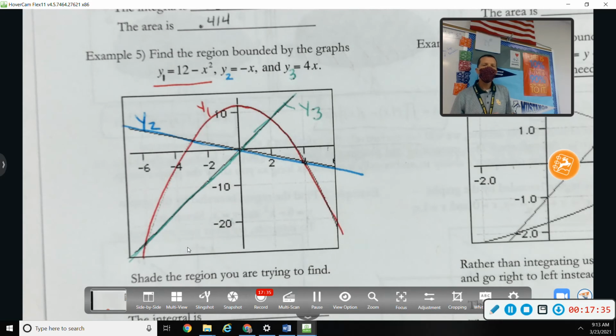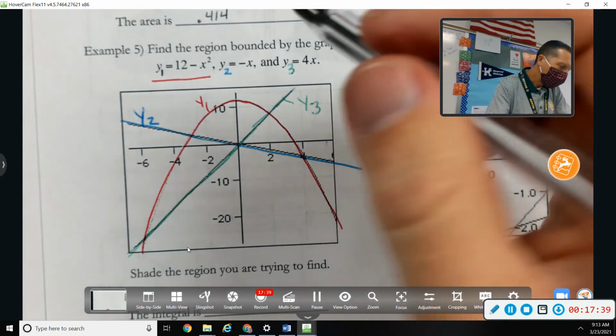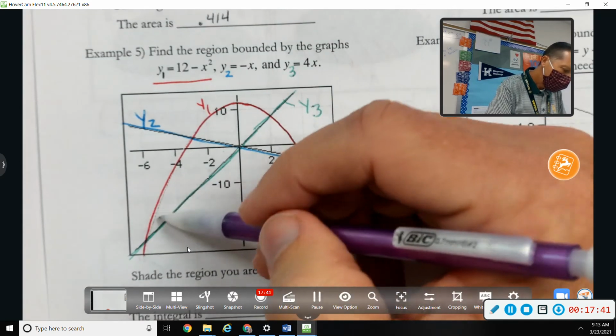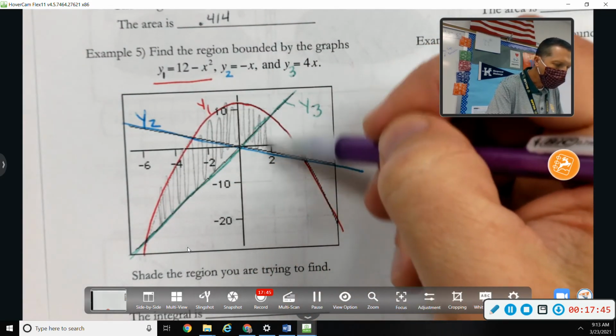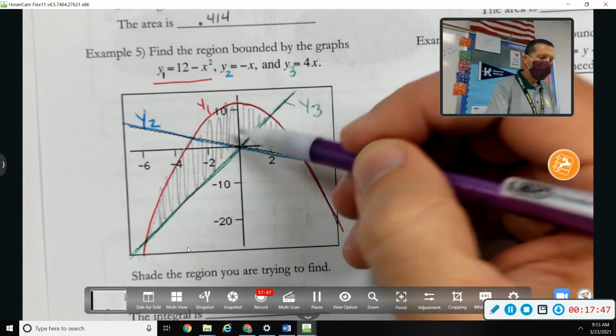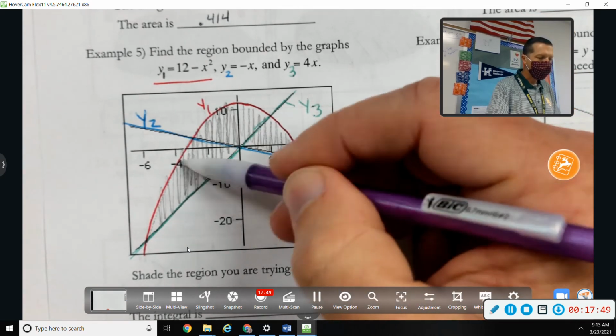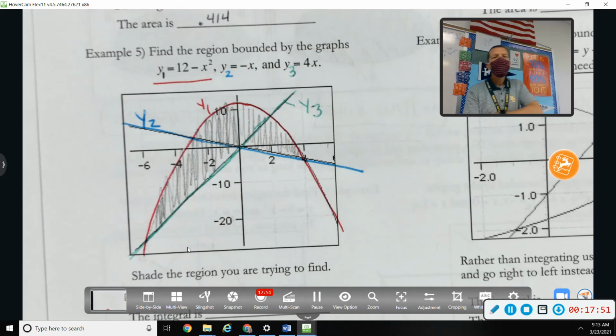And so we want to find the area bounded by those. So that area is all of that. So this is a weird one here.